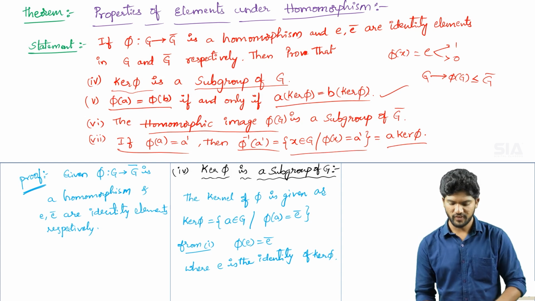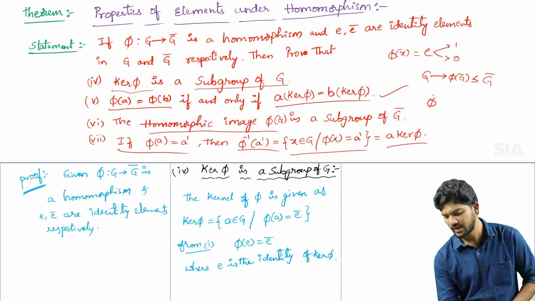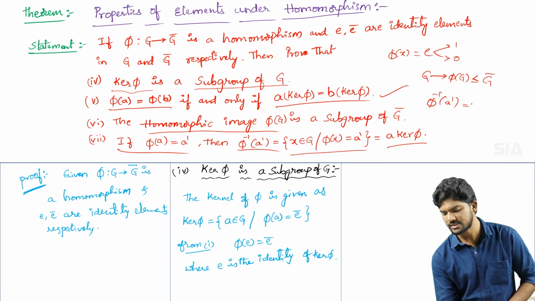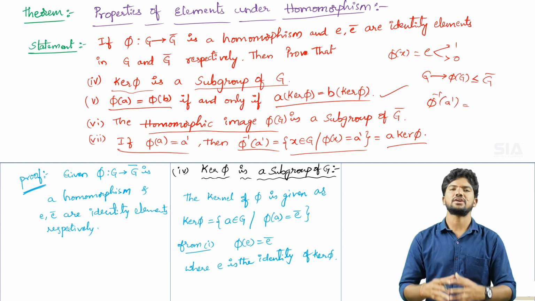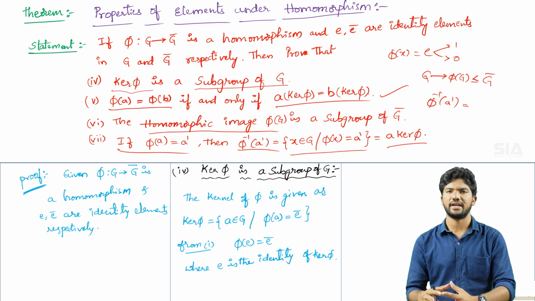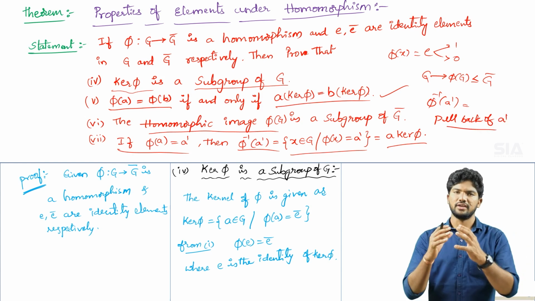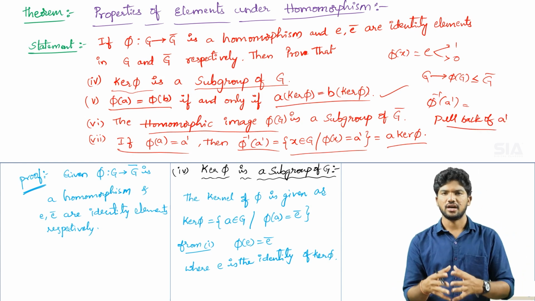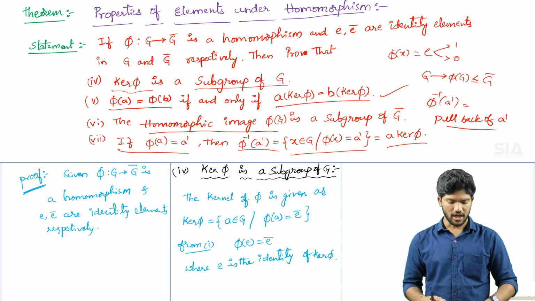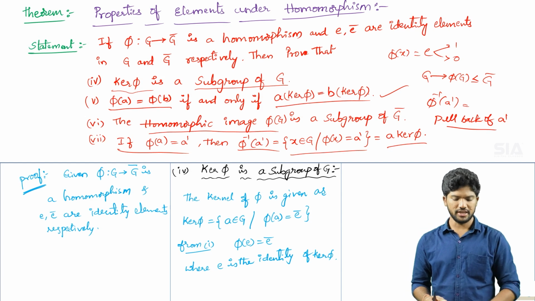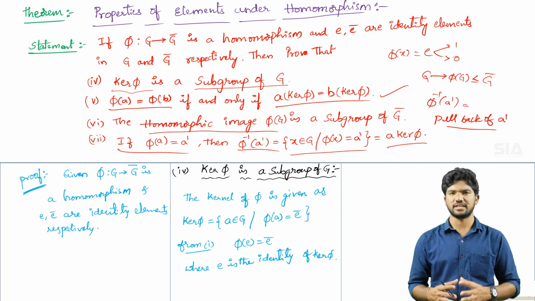This phi inverse of a dash is called the inverse image of a dash, or the pullback of a dash. According to the properties of the homomorphism, this seventh property has more significance among all of the seven.